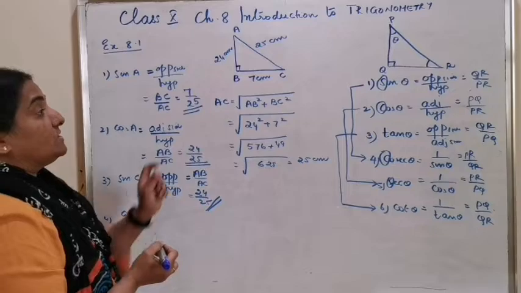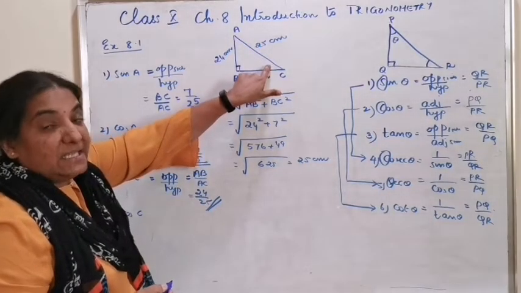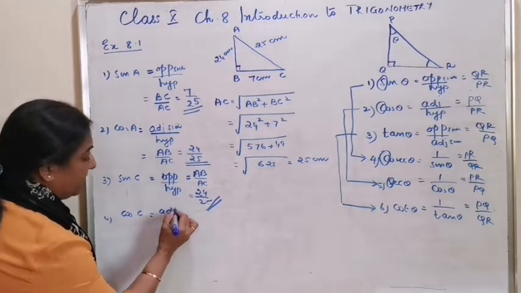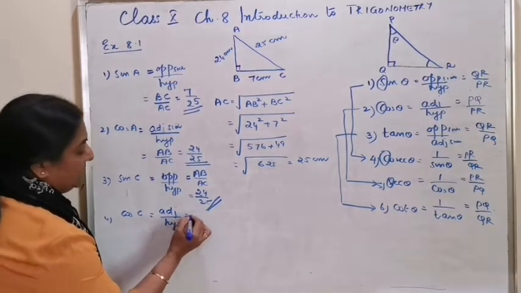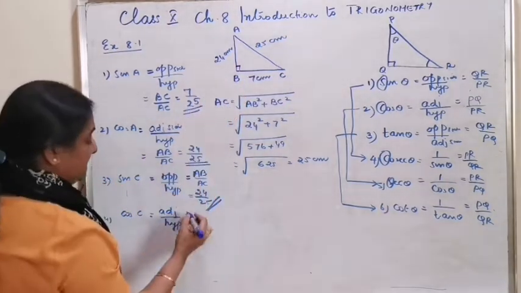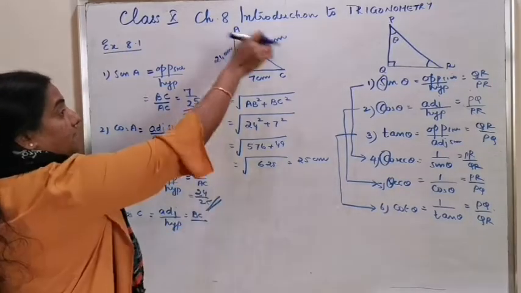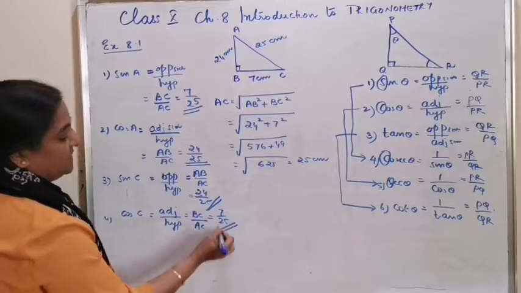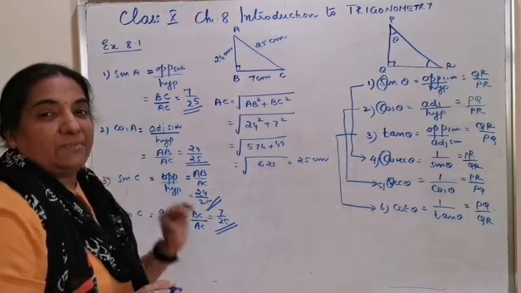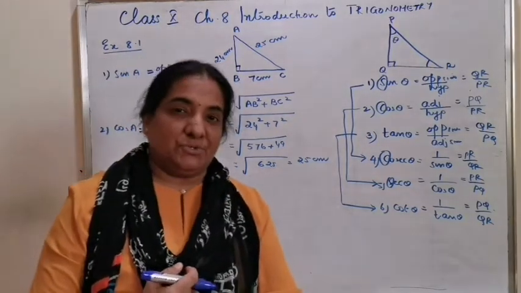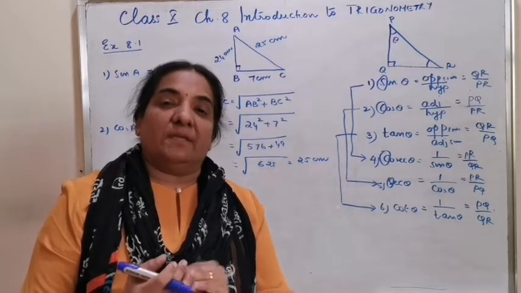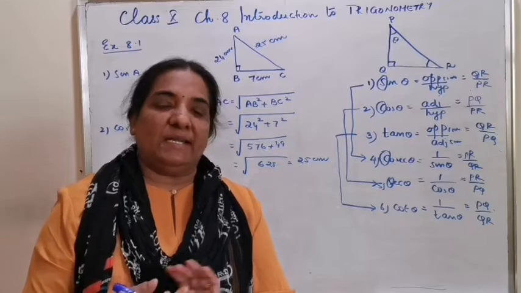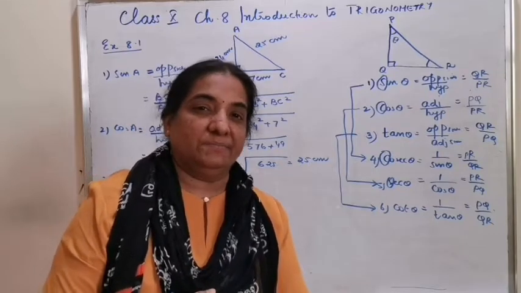What is cos C? For the acute angle C, cos is adjacent side by hypotenuse. The adjacent side is BC, hypotenuse is AC, and it is 7 by 25. So this is the way you write the ratios. That means you will ignore the units, you will write only the ratio with only the numbers.